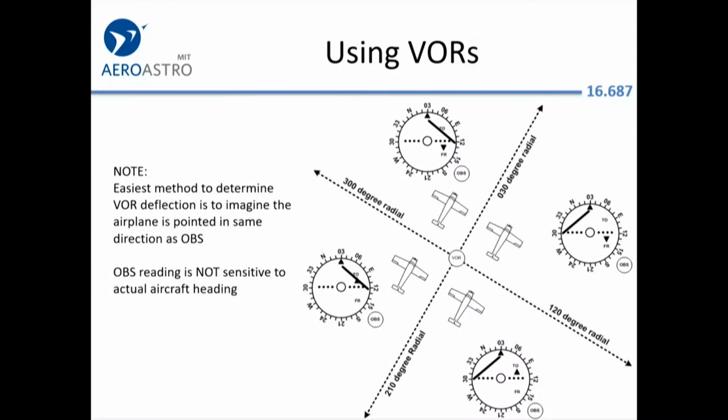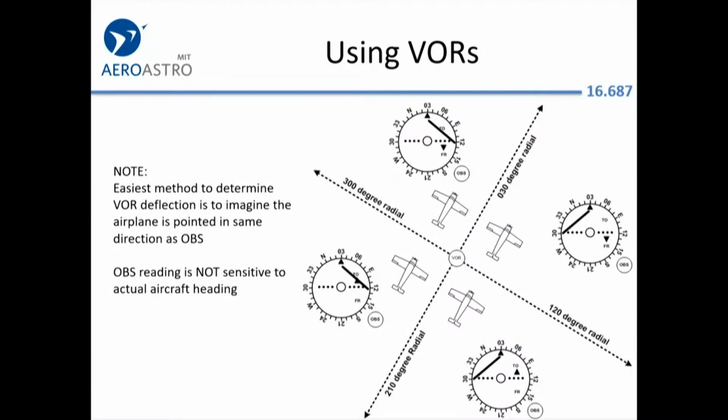All right, let's have a look. You're going to probably have to study and think about this a little bit more at home. But one easy way to think about this is to build yourself a virtual HSI. So if you see a test question and it shows the indicator set up to tune to the 030 radial, just draw a little airplane or imagine an airplane actually heading northeast on a 030 heading.